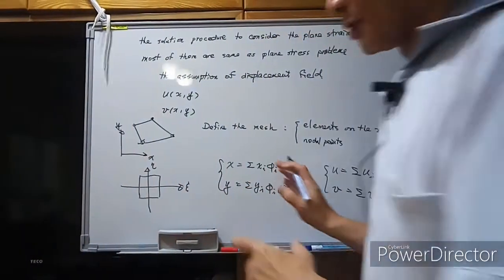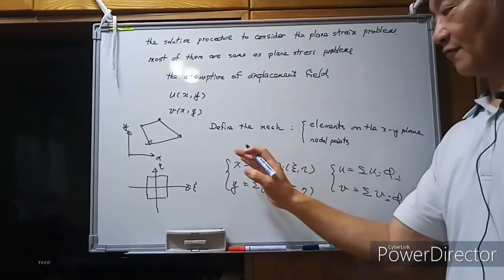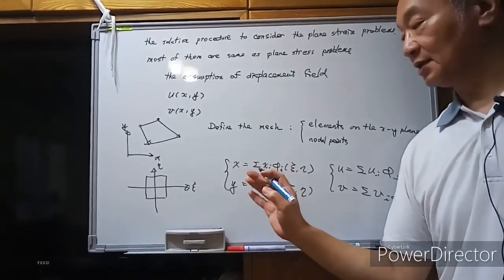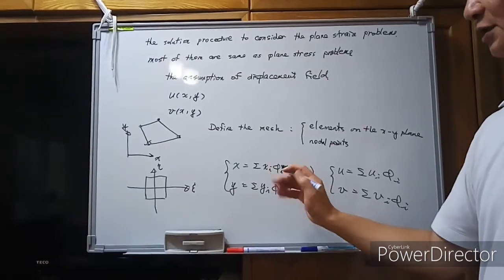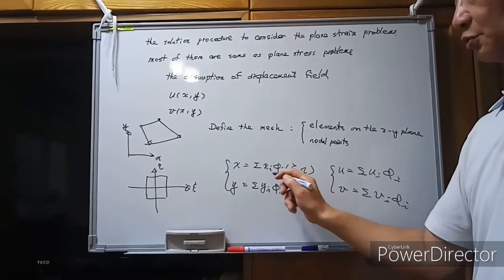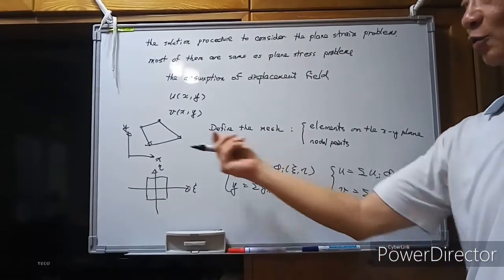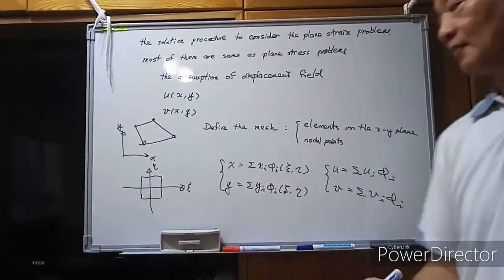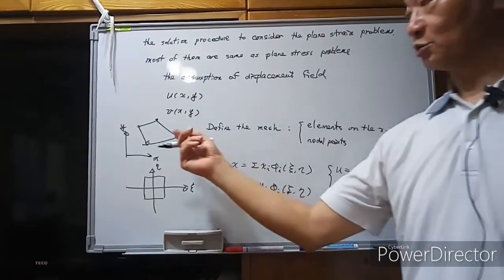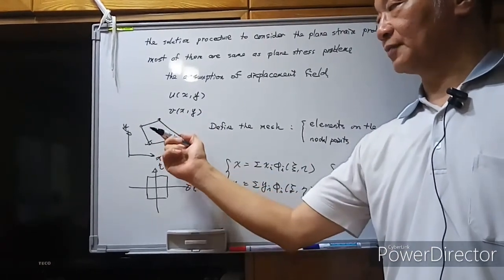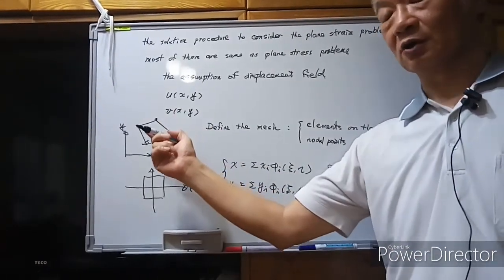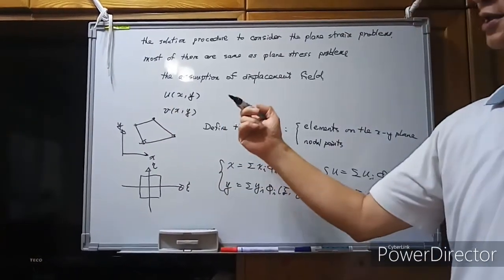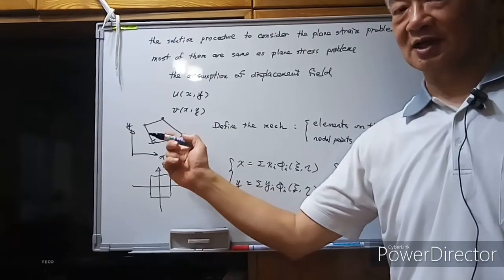Okay, we have two sets of equations. The first two equations are the x and y functions, and the user needs to input the x and y coordinates for all the defined nodal points, and also the user needs to tell the program which 4 nodes or which 9 nodes are connected to this element.